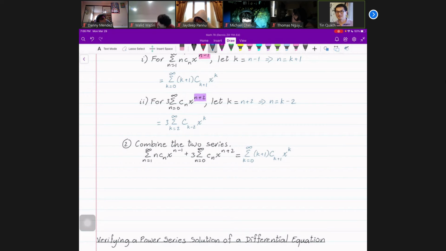And the second series, you have a 3 here, and then c sub k minus 2 x to the k.